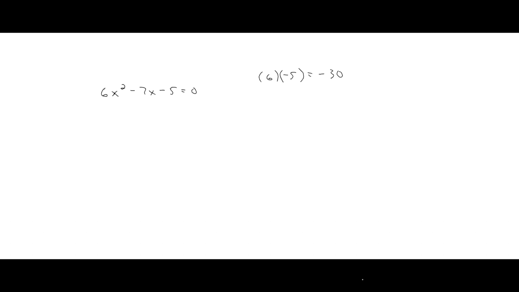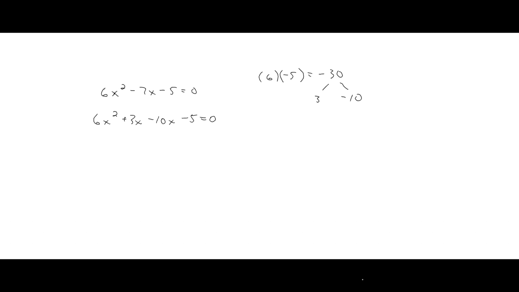The two factors of -30 that sum to -7 would be 3 and -10. And so I can rewrite my 7x as plus 3x minus 10x, minus 5 equaling 0.